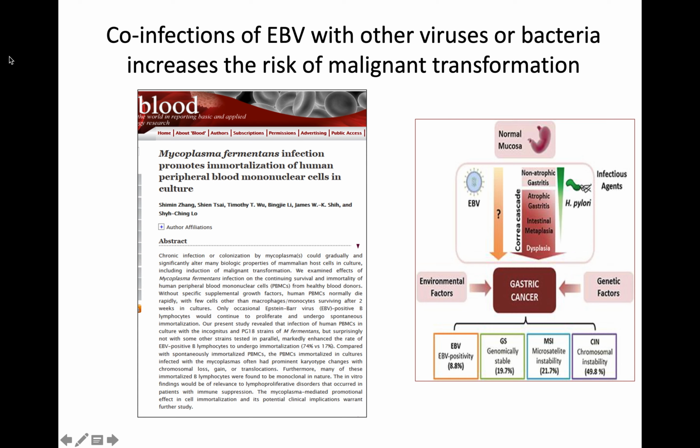They didn't find any significant difference in the life expectancy of the blood cells when it was just the Epstein-Barr virus. But what they did find is that when there was a co-infection, when there was another pathogen or organism present, there was a great increase in the life expectancy of that blood cell.